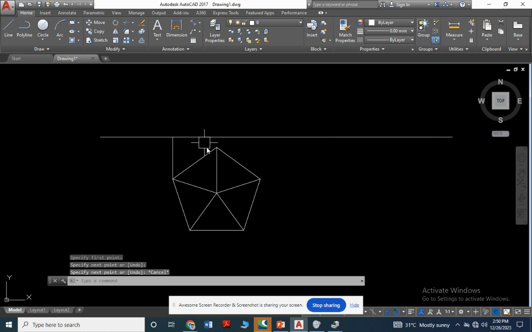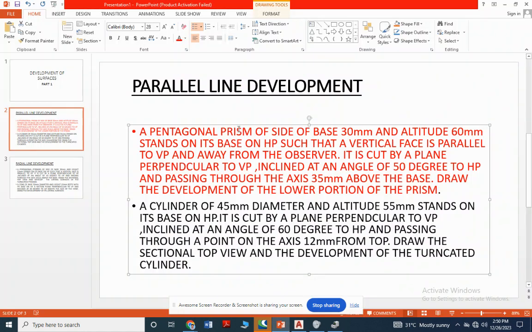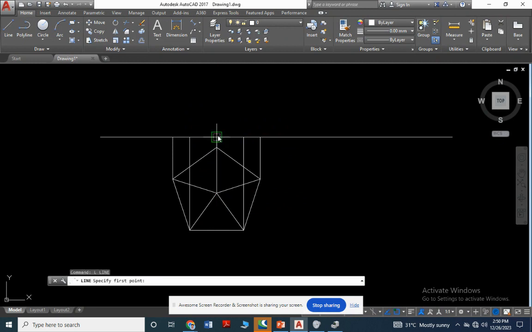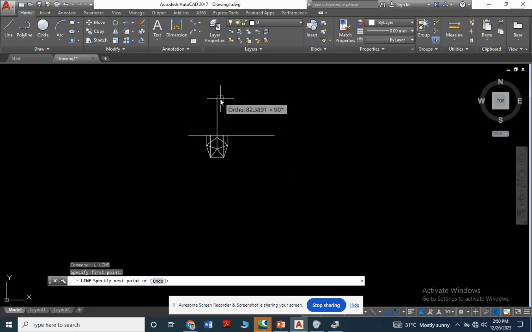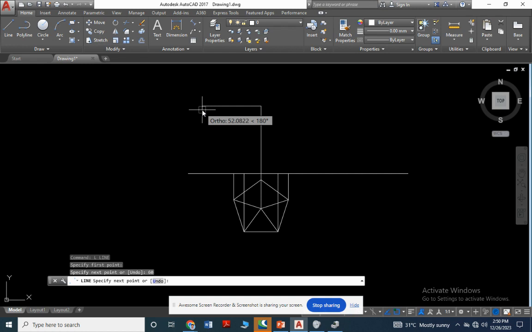Draw the projectors on each edge, and the height is 60 mm.